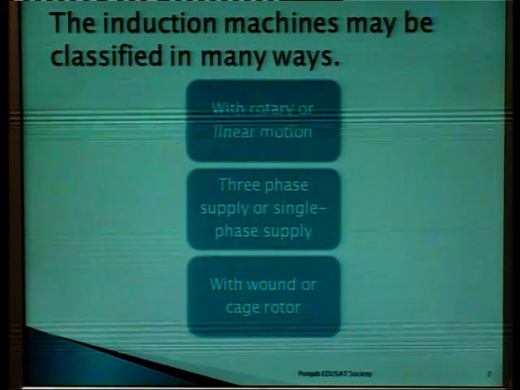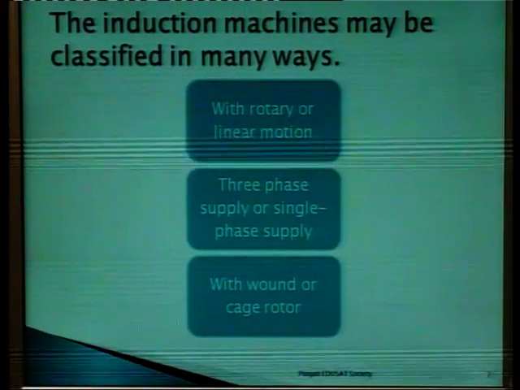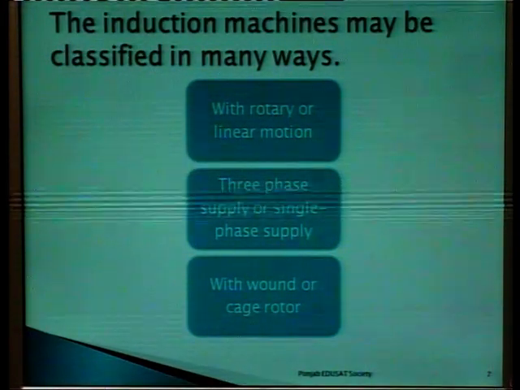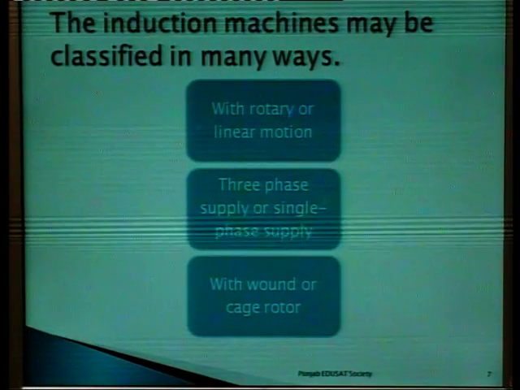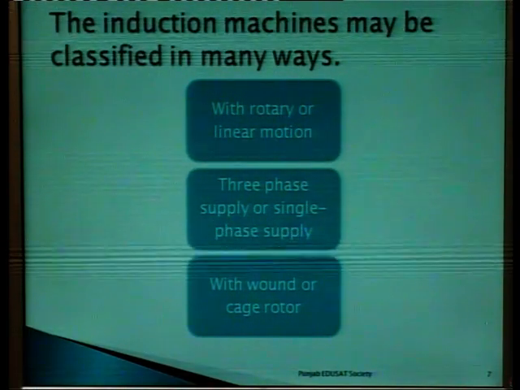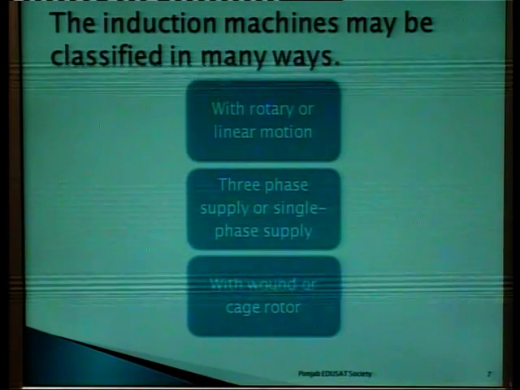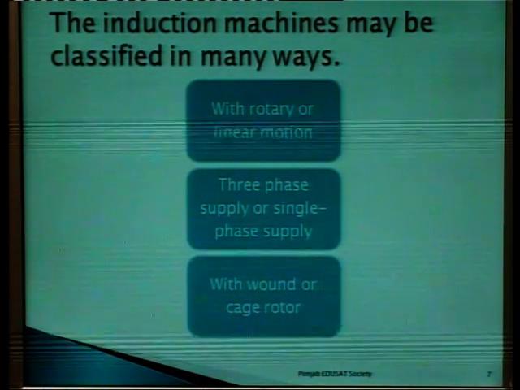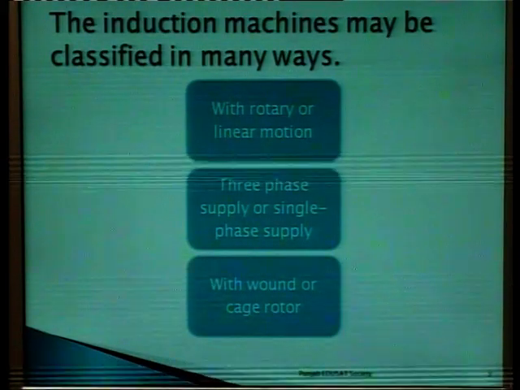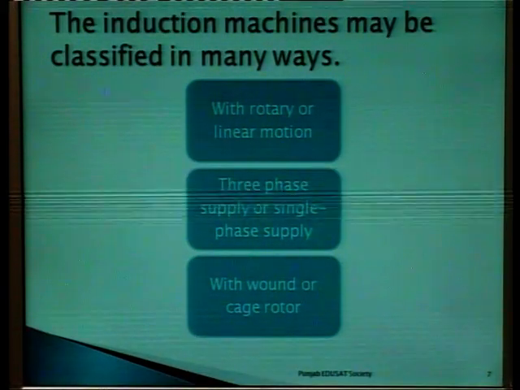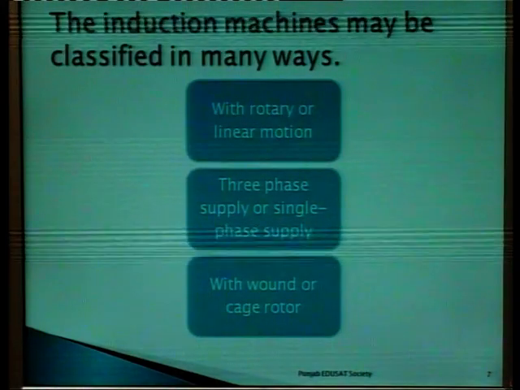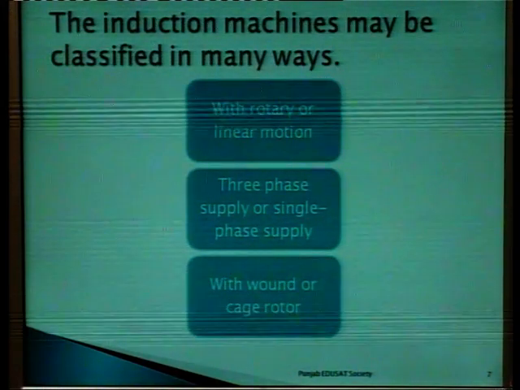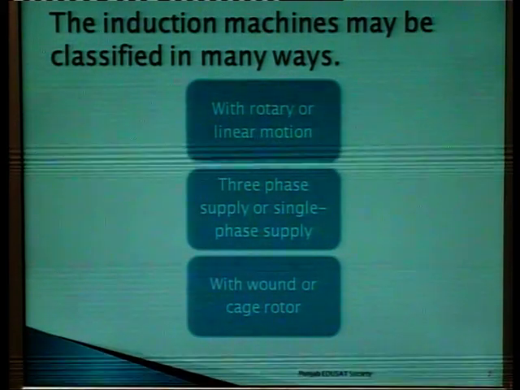And according to the system of supply to the motor, whether it is 3 phase or single phase, the motors may be classified as 3 phase induction motors or single phase induction motors. And as per the rotor used in the motor, whether it is a phase wound rotor or a squirrel cage rotor, the motors may be classified as wound or cage rotor motors.